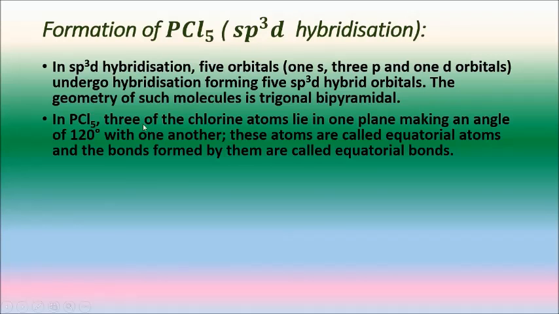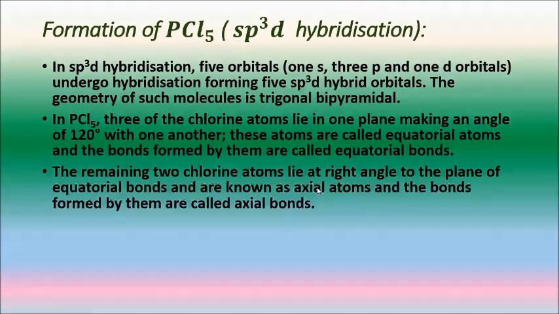Now, the three chlorine atoms lie in one plane, making an angle of 120 degrees with one another. And these atoms are called equatorial atoms. And the bonds formed by them are called equatorial bonds. What about the remaining two chlorines?